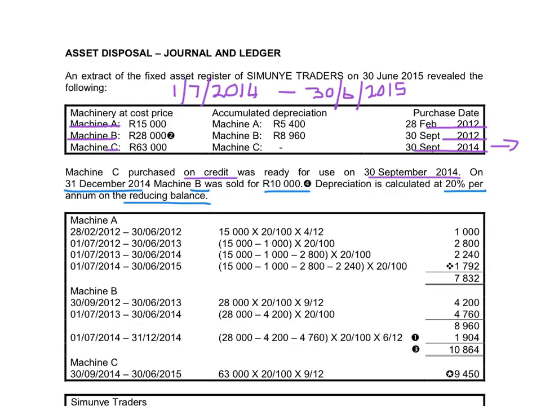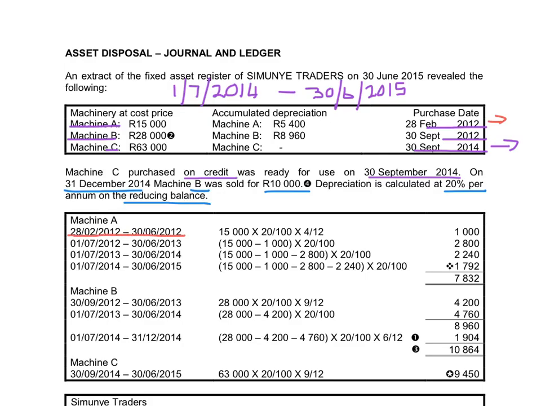On machine A, we will first work out the depreciation from the purchase date until the end of the current financial year, so that we've done all the calculations. So the purchase date of machine A was the 28th of February 2012. So we used it from the 28th of February up to the end of the financial year.